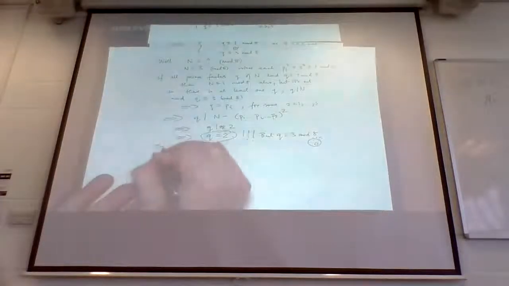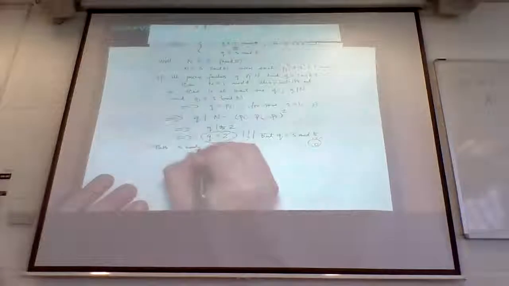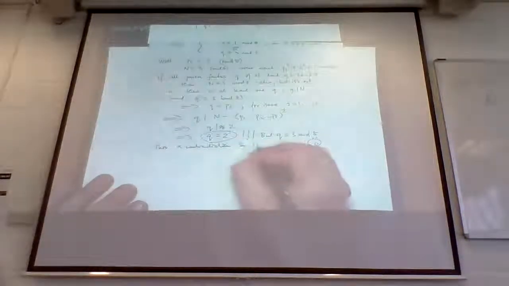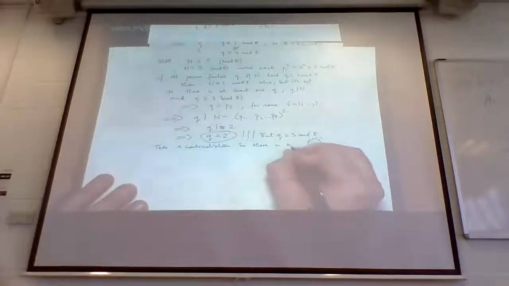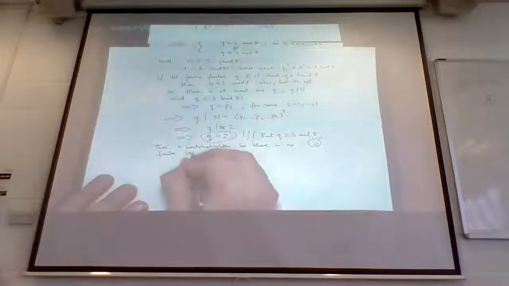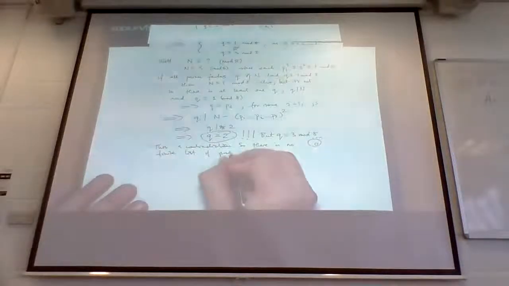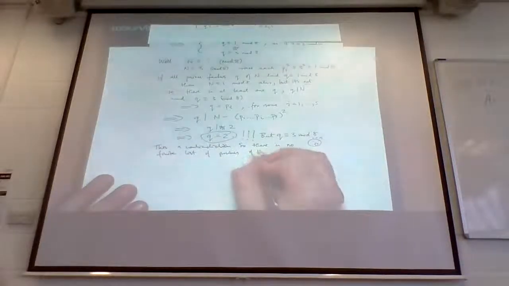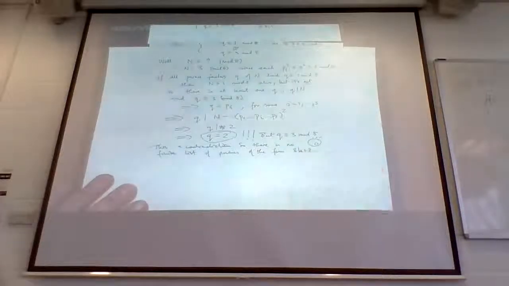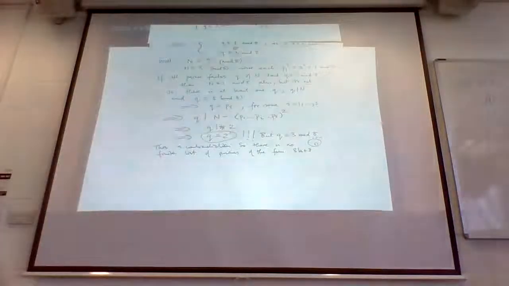This is a contradiction. So there is no finite list of primes of the form 8k plus 3. And there's at least 4 of them. We listed 4 of them at the start.